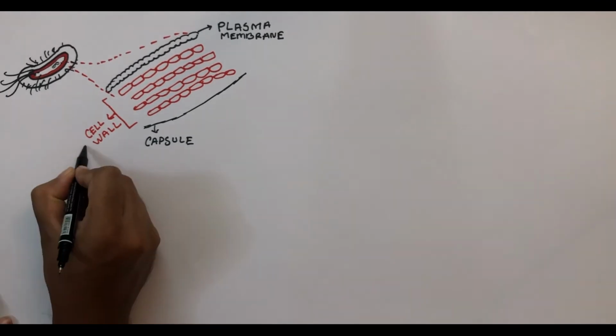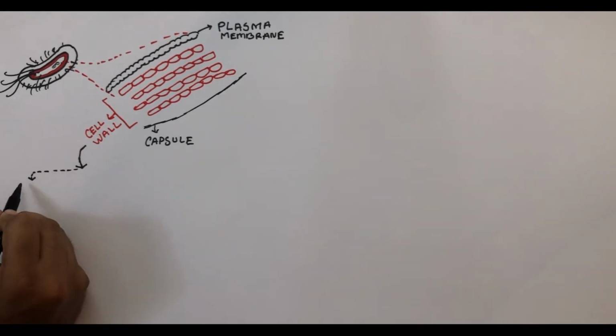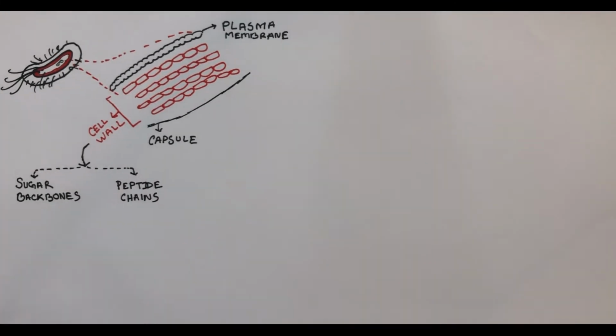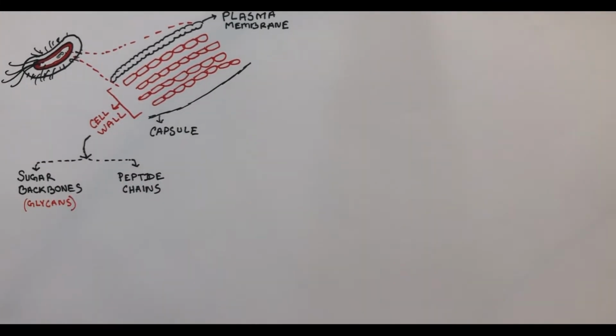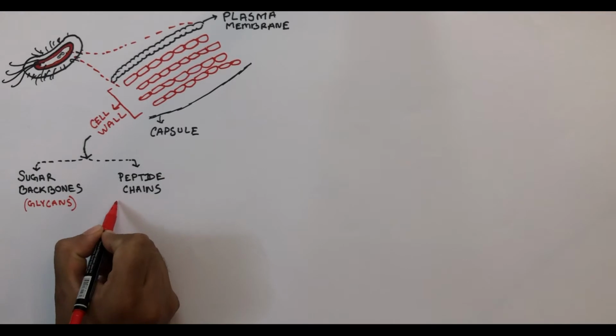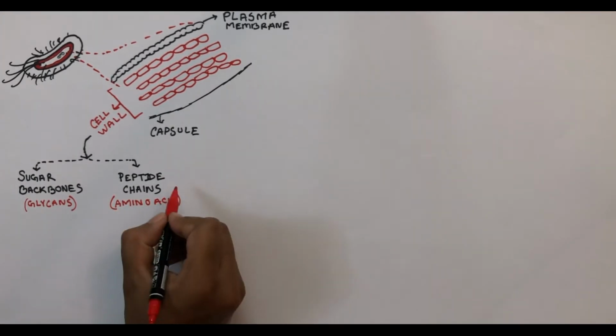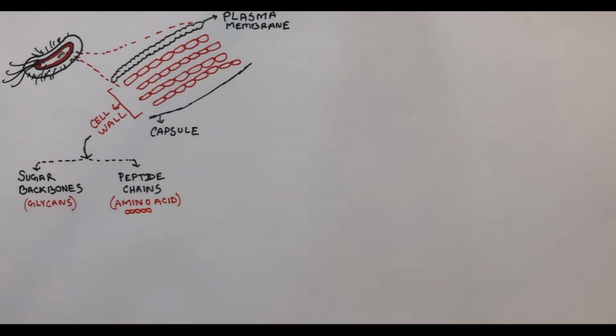Bacterial cell wall is made up of sugar backbone and peptide chains. This sugar backbone consists of glycans, these are monosaccharide units, and peptide chain, that is multiple amino acid chains, a pentapeptide.